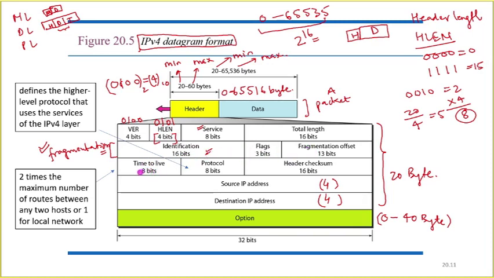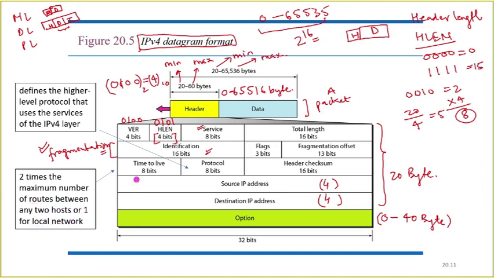Next is time to live. Time to live is a value that is basically considered as 2 times the maximum number of routes between any two hosts, or one for a local network.